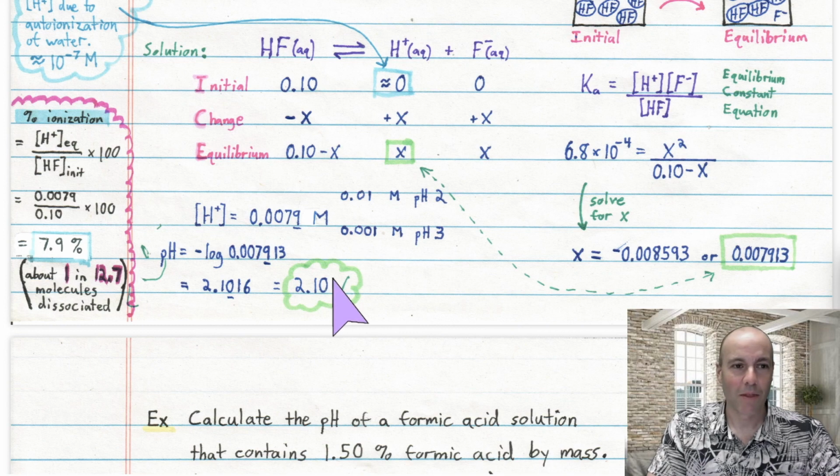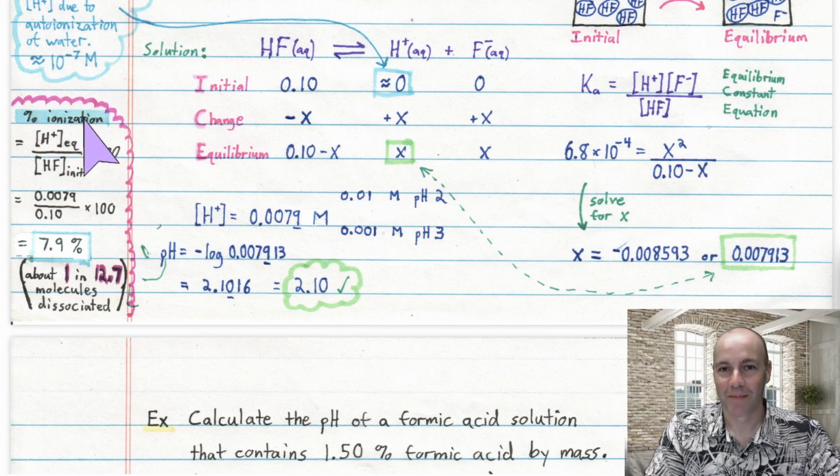Now, one other thing, if you remember, we said that about 1 in 12 of the molecules of HF are dissociated. So where do we get that 1 in 12 from? Well, one way to get it is to calculate the percent ionization. The percent ionization is calculated by the equilibrium proton concentration over the initial acid concentration times 100.